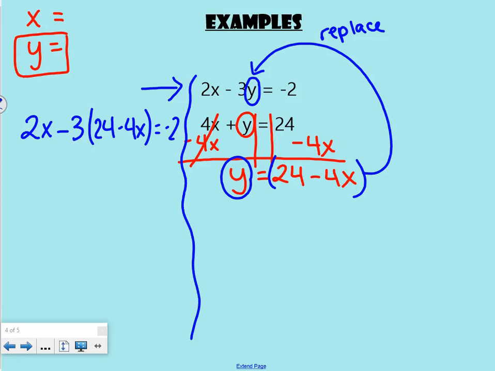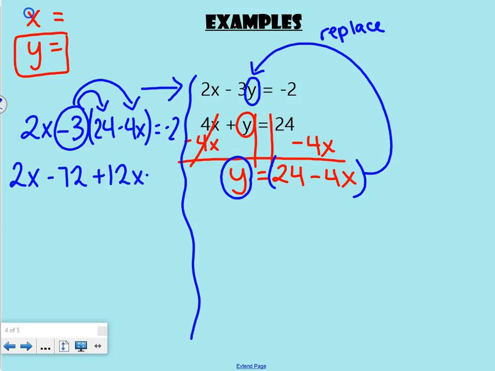All right, let's solve that. First step, we do need to distribute this negative 3. 2x comes down. Negative 3 times 24 is negative 72. Negative 3 times negative 4x is positive 12x, equals negative 2. Add those like terms together. We have 2x and 12x, which become 14x.